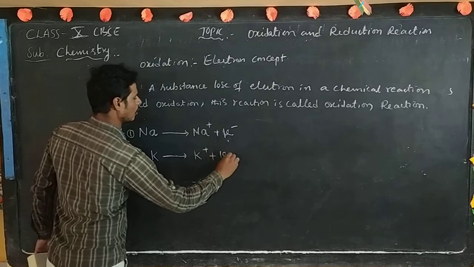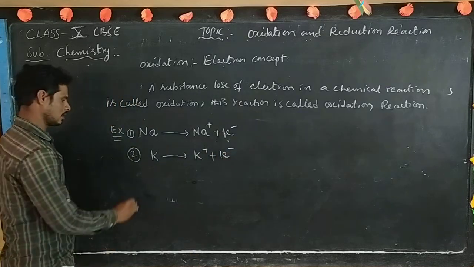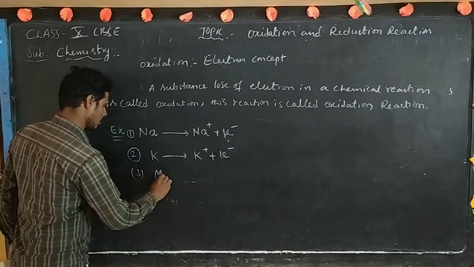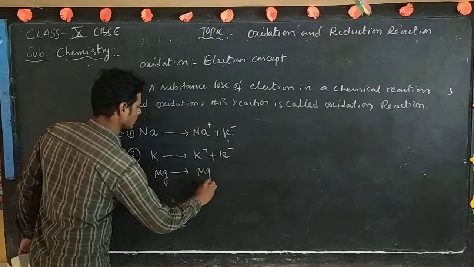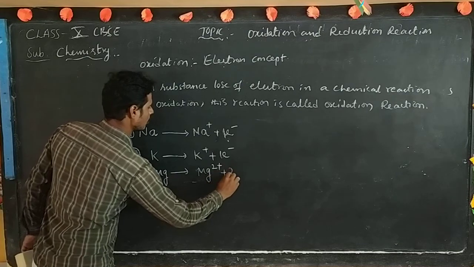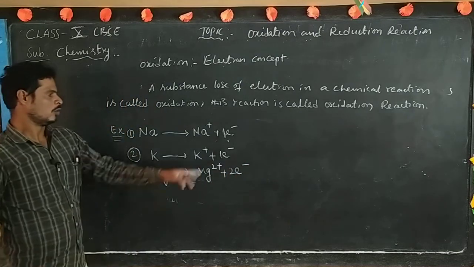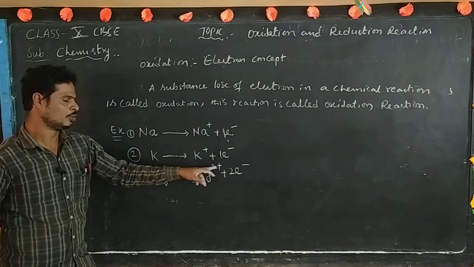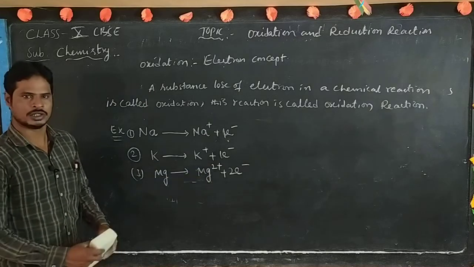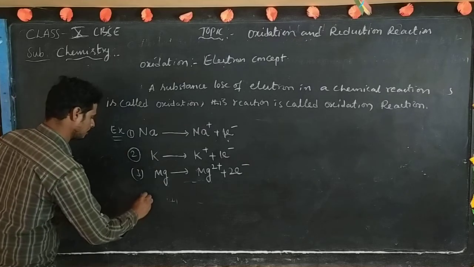Next, magnesium lost two electrons. One electron lost, one positive charge. Two electrons lost, two positive charges. Mg2+ undergoes oxidation.